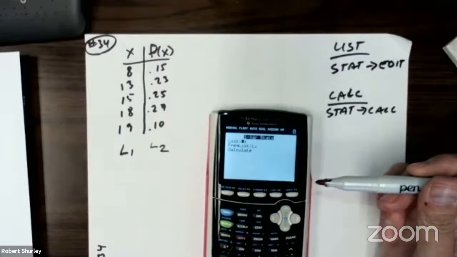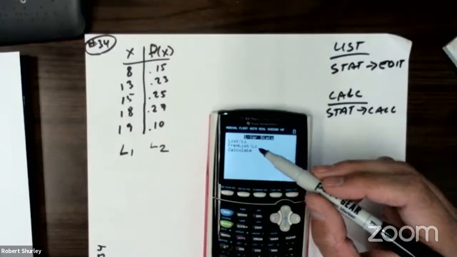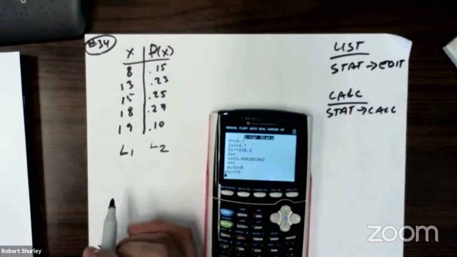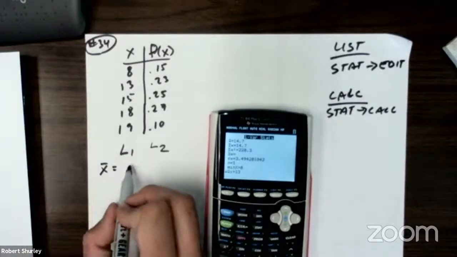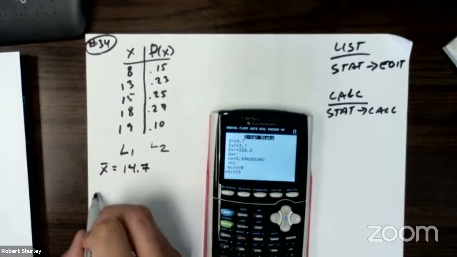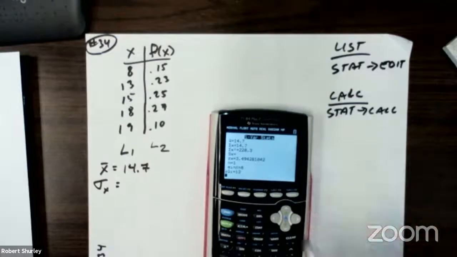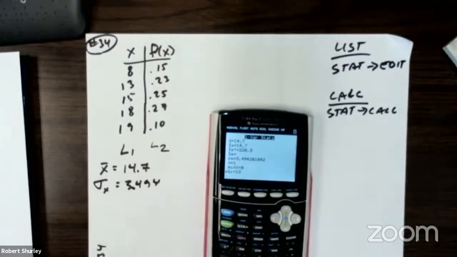But if you've got the 84, in the list you leave L1, and in the frequency list you put in L2. And you hit calculate. Boom, it does it. It gives us our X bar, which is our mean, 14.7, and our standard deviation, which is 3.494. Which is pretty neat.